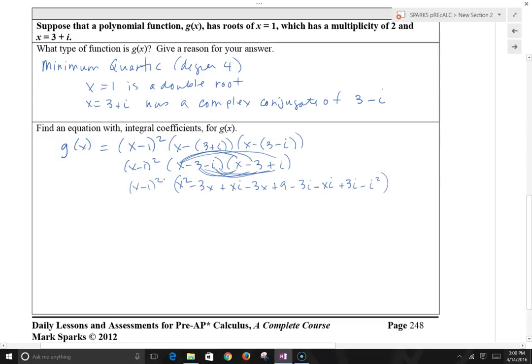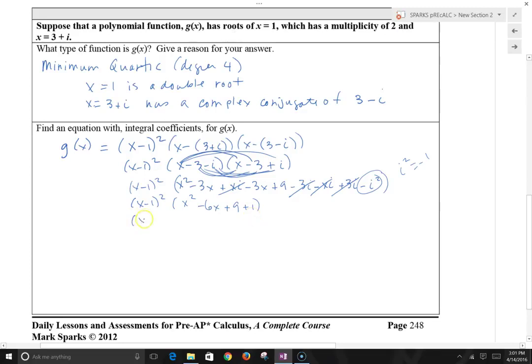Let's see, the positive xi, the negative xi, negative 3i, positive 3i. And we remember that i squared equals negative 1, which we're going to put in right here. So we still have x minus 1 squared. And we've got x squared minus 6x plus 9. That looks nice, except for now we've got to tack on this plus 1.